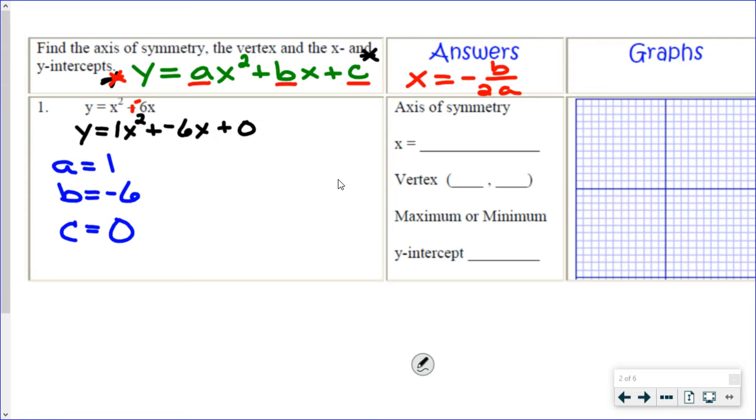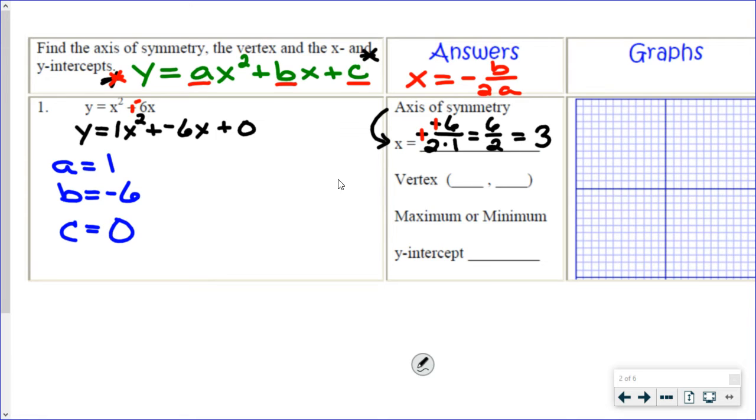So where am I getting? Now, if you look, this is going to be the axis of symmetry. So what is B? So I'm going to start by putting the opposite. B is negative 6 over 2 times A, which is 1. Okay. Now, if I look here, that goes away. So it's really just 6 over 2 or 3.